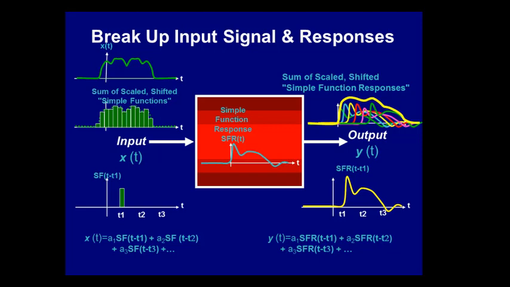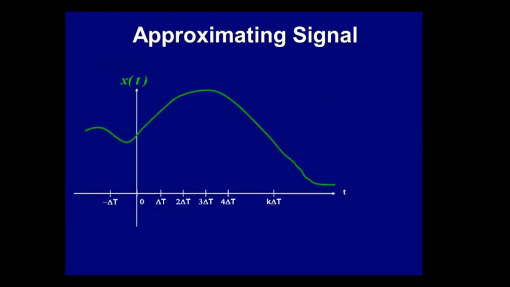Okay, let's do that. Let's do it exactly like I just said. Let's approximate an arbitrary input signal, x of t. It can have any continuous shape we want. I'm going to approximate it with a bunch of rectangles, a bunch of rectangles with a width of delta t, whatever delta t is. So that's a rect of t over delta t, right?